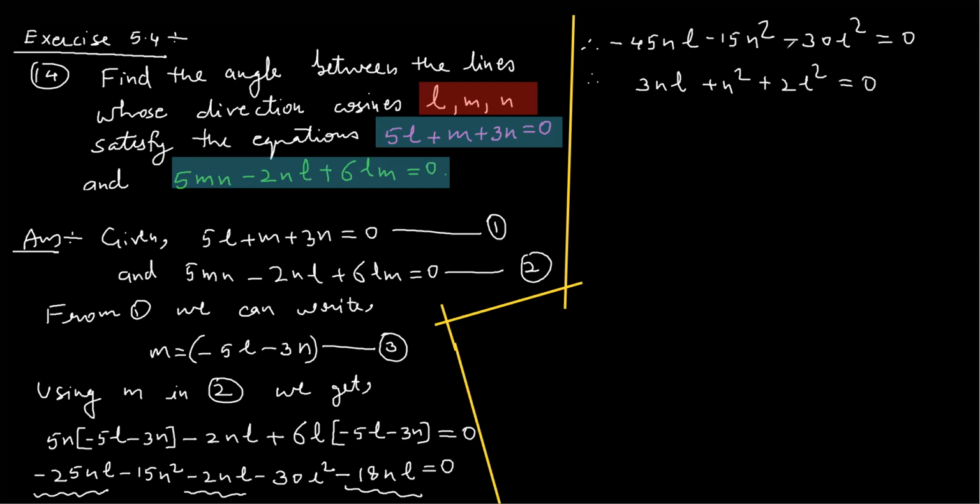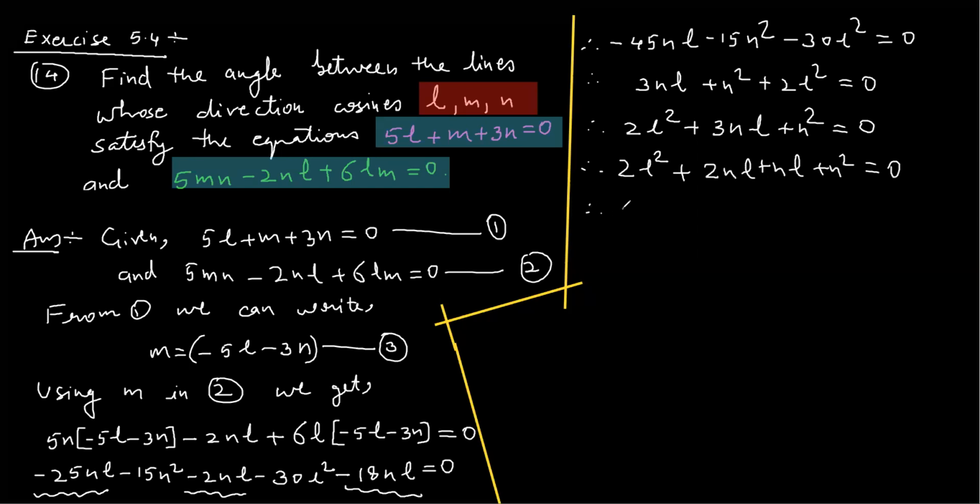Okay, I divide the first equation here by negative 15. So the next step I get, I write it in order. I write 2L square plus 3NL plus N square equals 0. So I write 2L square plus this 3NL, I can write it as 2NL plus NL plus N square equals 0.